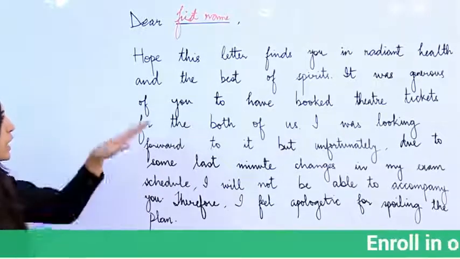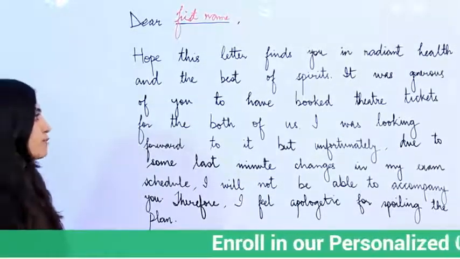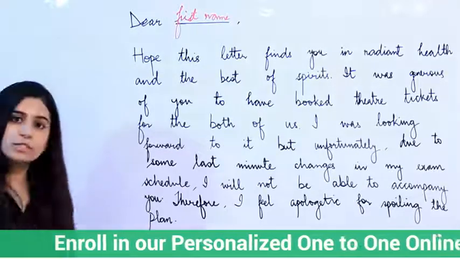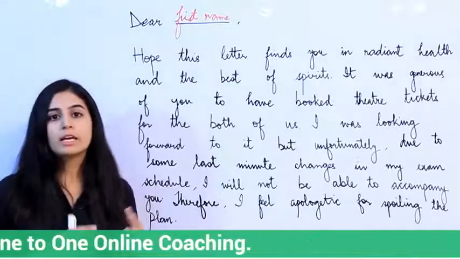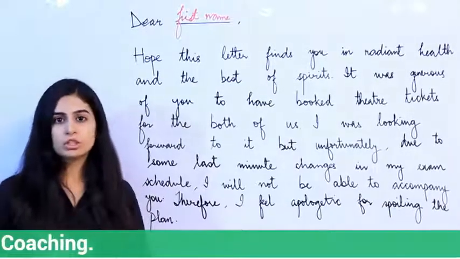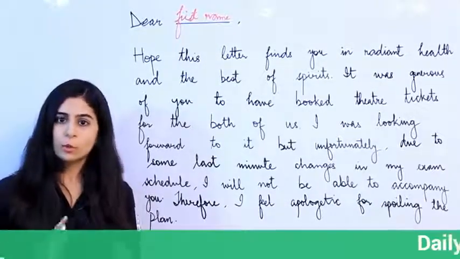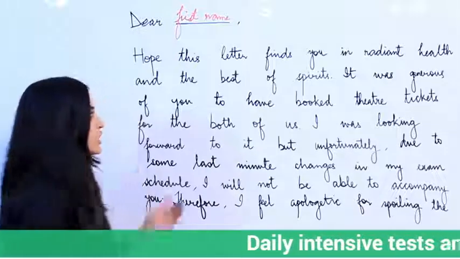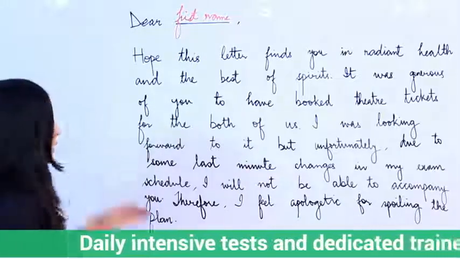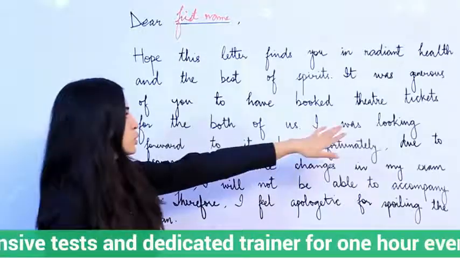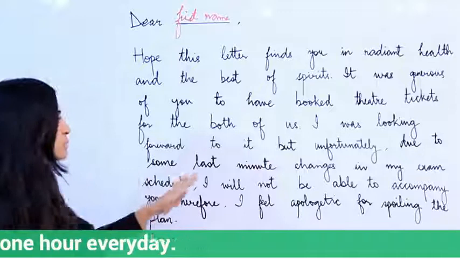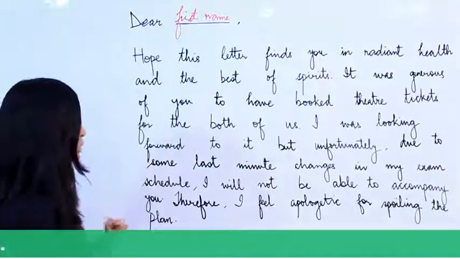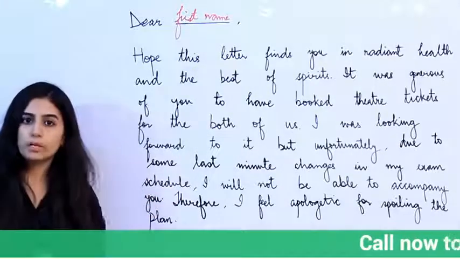Next is, it was generous of you to have booked theatre tickets for the both of us. So you are thanking him that he had booked tickets for the both of you. So we have conveyed that the gesture was really generous. What's next? I was looking forward to it, but unfortunately due to some last minute changes in my exam schedule, I will not be able to accompany you.